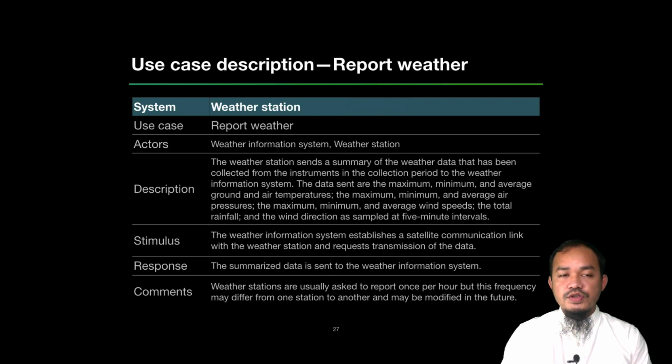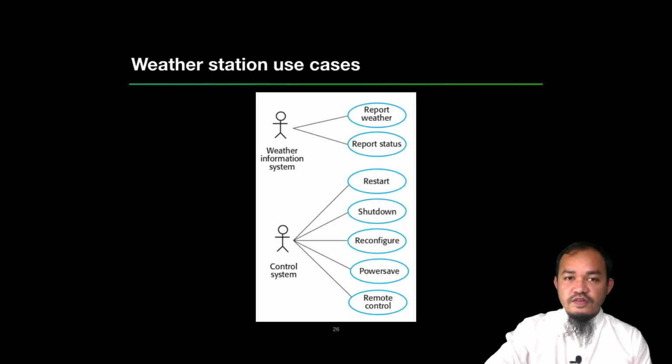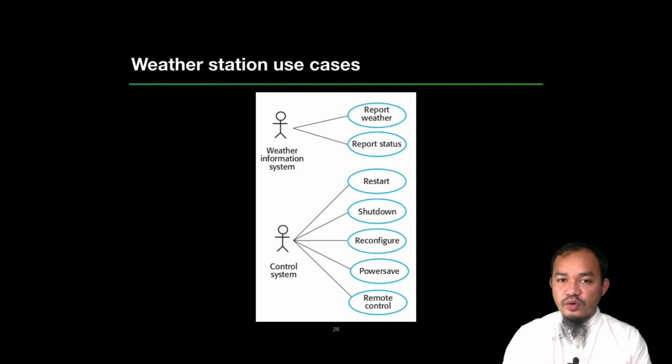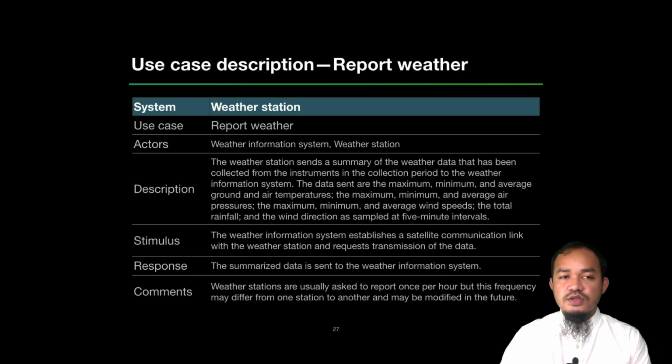If you look at the use case description, this is another way that we explain our design. We use a use case description for report weather, right? The first use case of the weather station. We have report weather, which we call a use case, and when we have the use case, we have to describe what this use case is about.